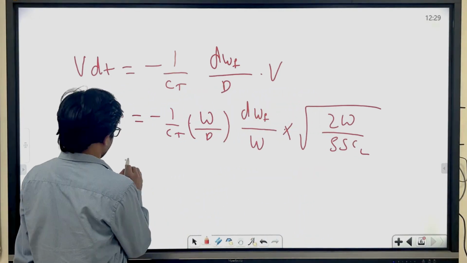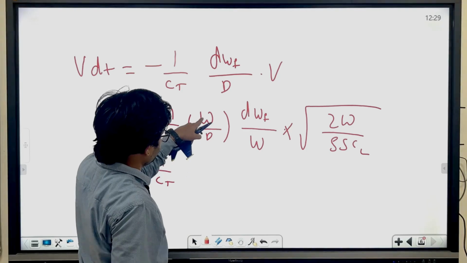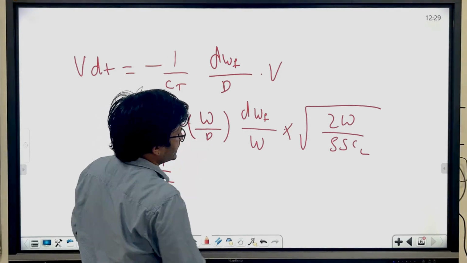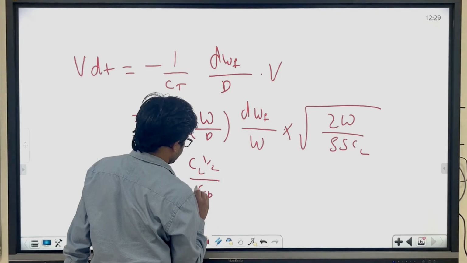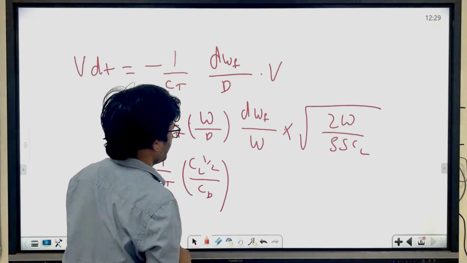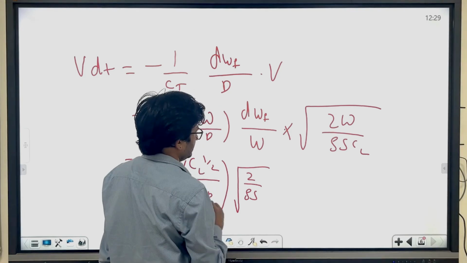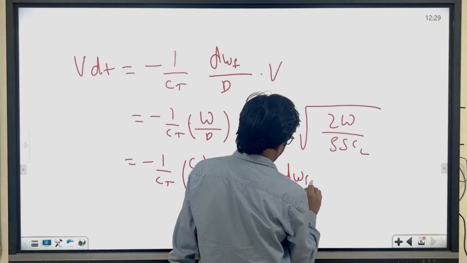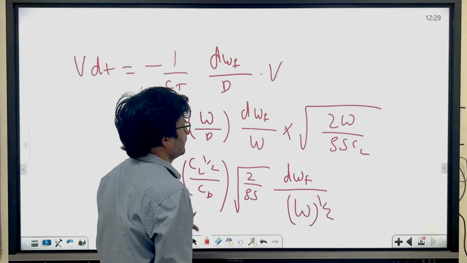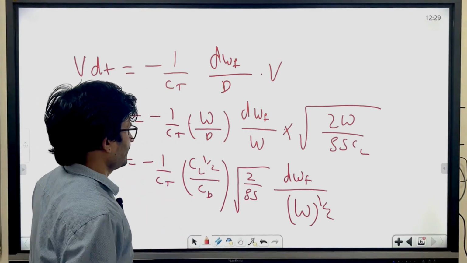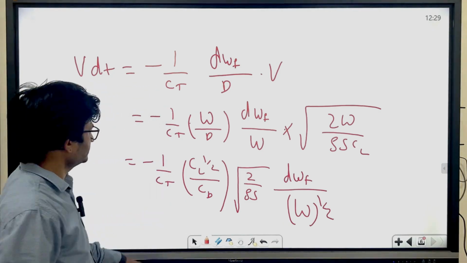Okay, now 1 upon Ct, this further you can write L by D, you can rewrite Cl by Cd, and take this Cl, and finally this will become Cl power 1 by 2 by Cd, and 2 by rho S, dWf, W power minus half. Okay, correct, right?